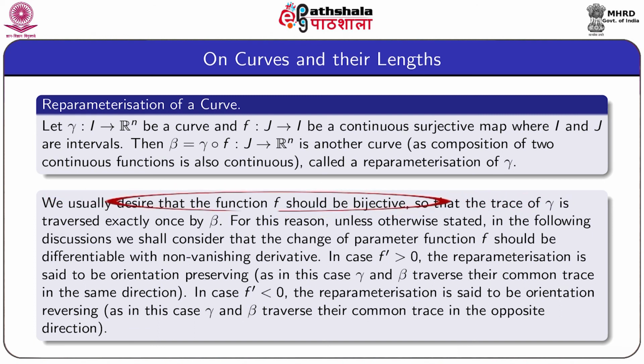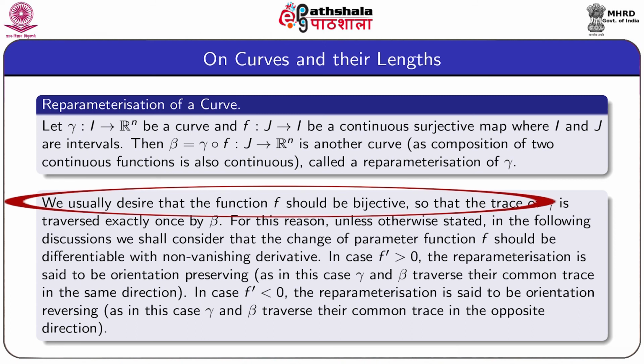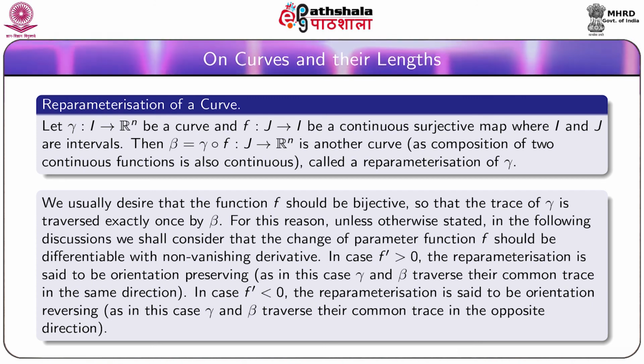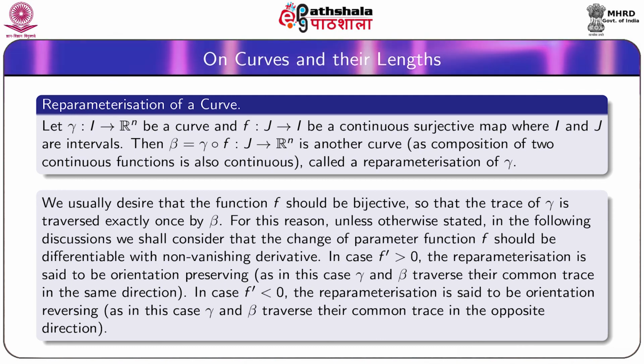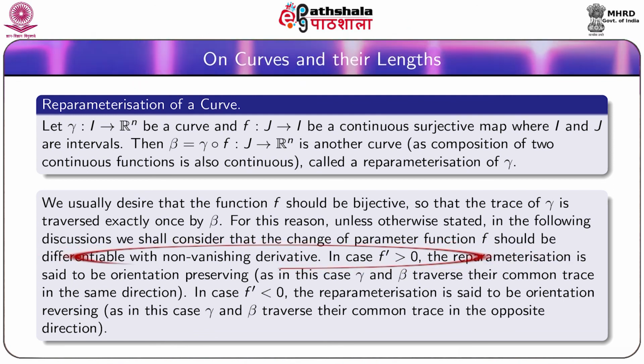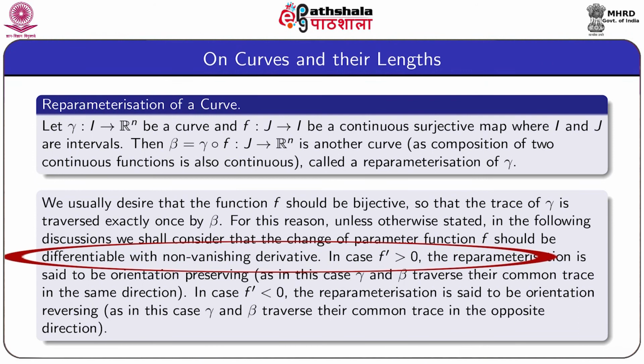We usually desire that the function f should be bijective so that the trace of gamma is traversed exactly once by beta. For this reason, unless otherwise stated, in the following discussions, we shall consider that the change of parameter function, that is f, should be differentiable with non-vanishing derivative.